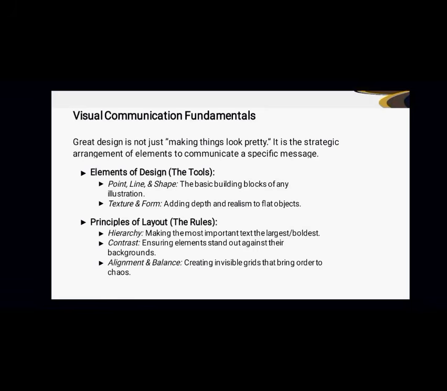So basically, shapes are the building blocks of any illustration. To design flyers, logos and other things, you use shapes to make the designs. Then we have the principles of layout, like I explained, making the most important text the largest and boldest. Before you can read the whole write-up underneath the flyer, there should be something that makes it pop out, like the brand name.